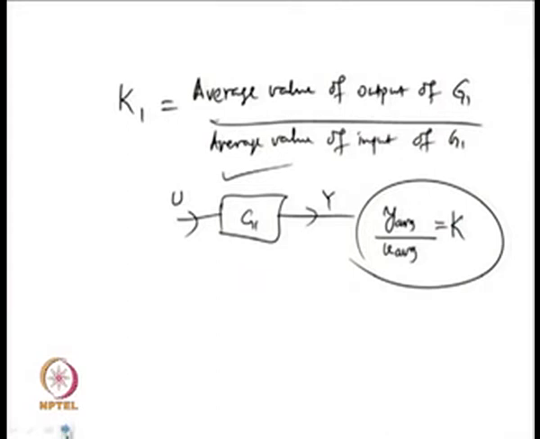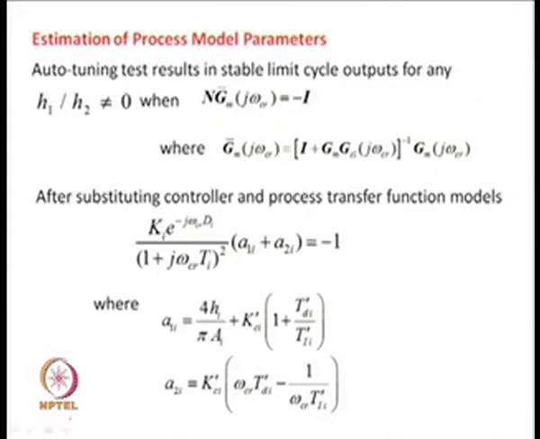Next, we will go to the estimation of the remaining parameters of the TITO transfer function matrix models. The auto tuning test results in stable limit cycle outputs for any H1 divided by H2 not equal to 0, that means H1 and H2 are not equal to 0.